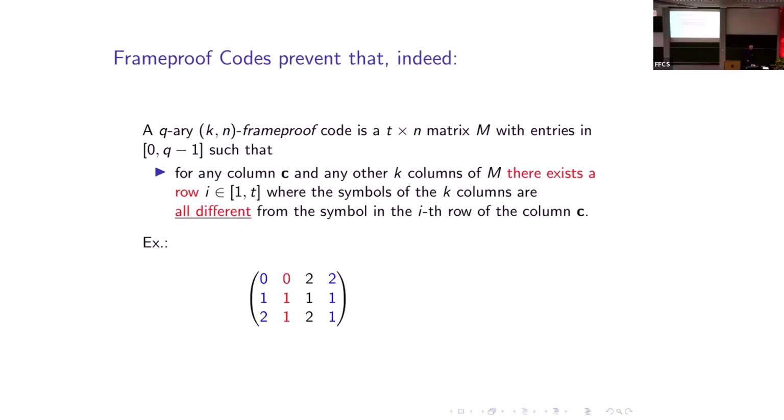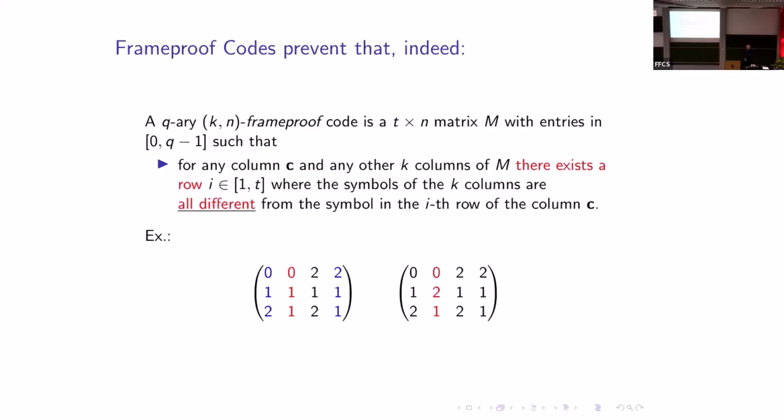Suppose that we have this code and the columns are the signatures. In this case, we are lost because if the two blue people collude, as you can see, each part of the signature of the red guy is contained in the blue columns. So by colluding they can reconstruct the signature.